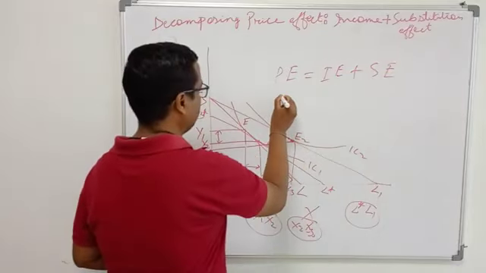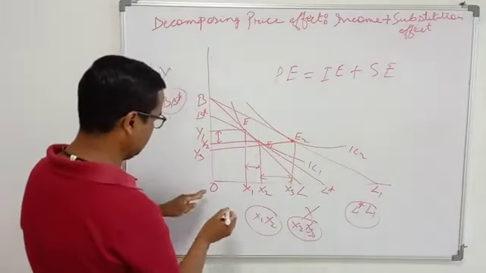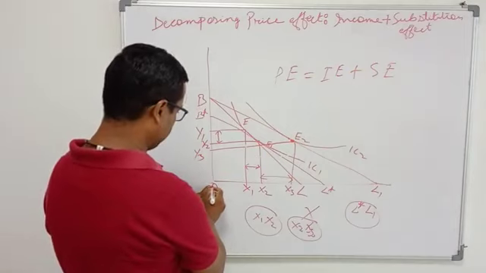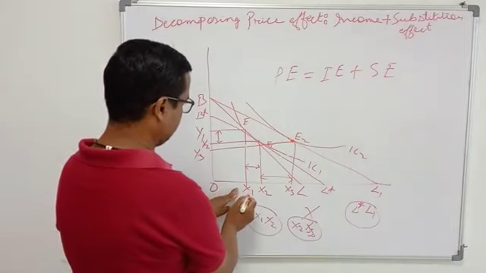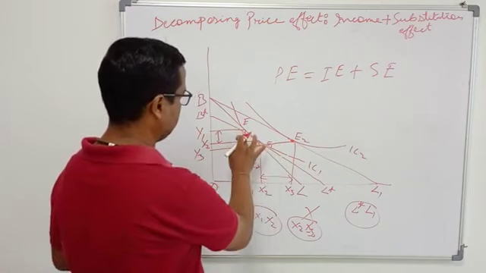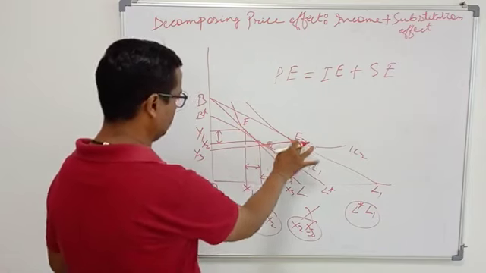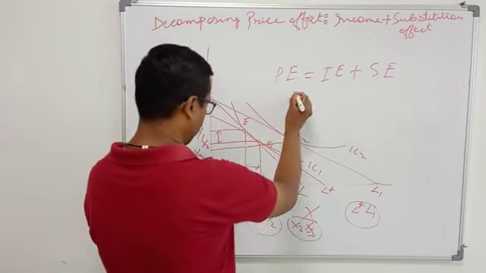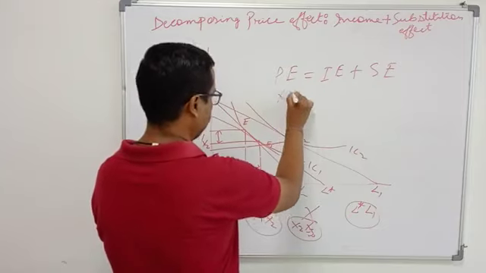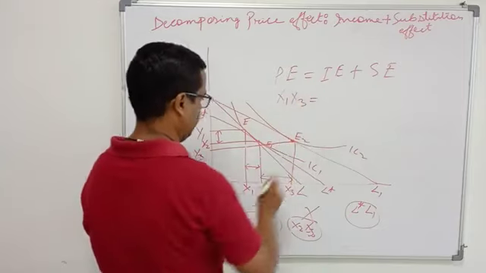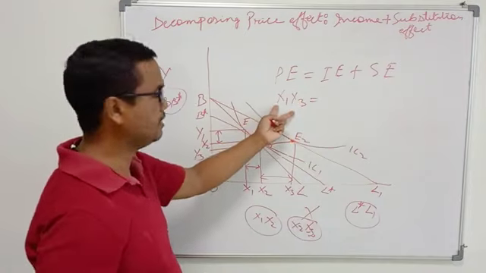So what is the price effect? Originally the consumer was purchasing OX1. Now, due to falling prices, he moves from equilibrium point E to E2. So the total price effect is X1 X3.